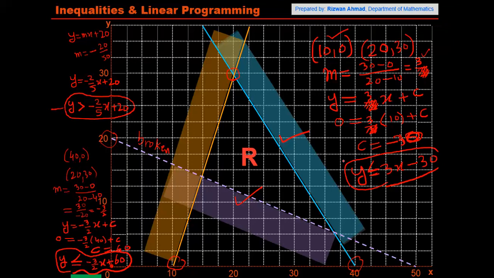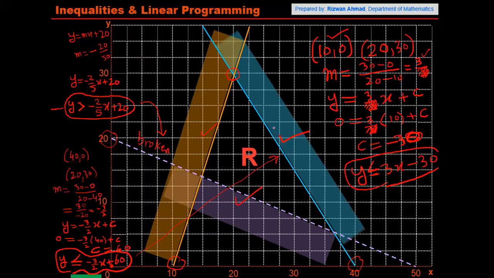So we can say that we got the three inequalities. This is the third one. The first one is for the broken line, this one. Since it is broken, there is no equal sign here, and the region is above the line, so it is a greater than sign here. The second inequality is for the blue one.